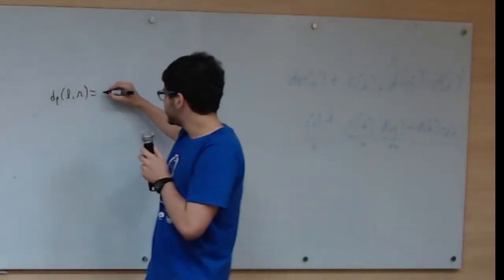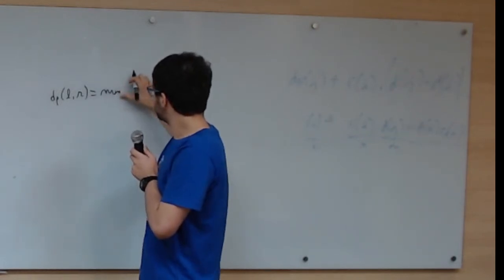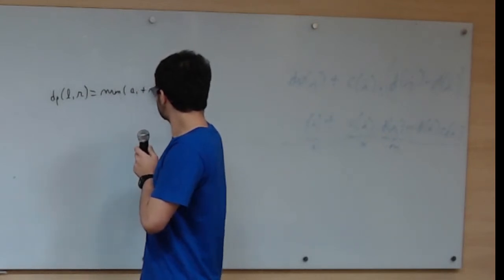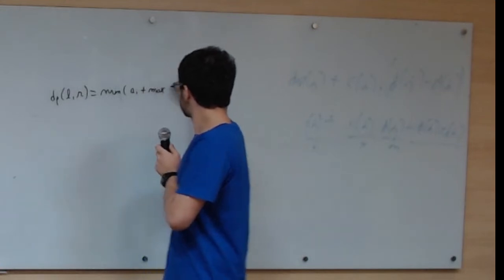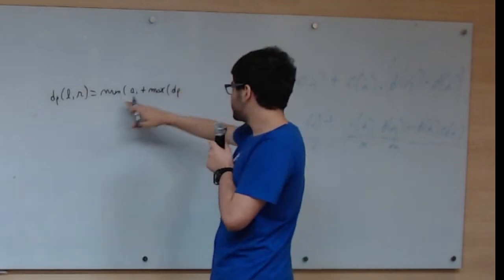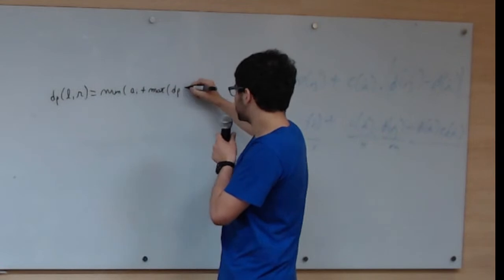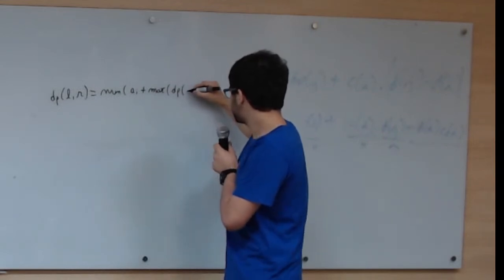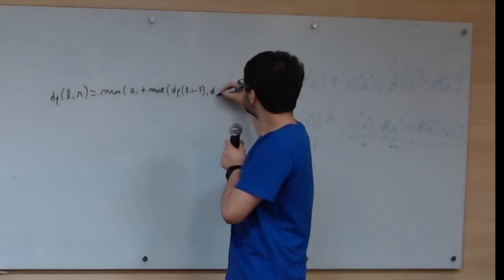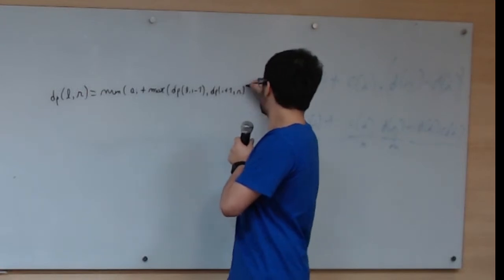So this will be, for all I, the minimum over all I of A[I] plus the maximum of DP[L][I-1] and DP[I+1][R].